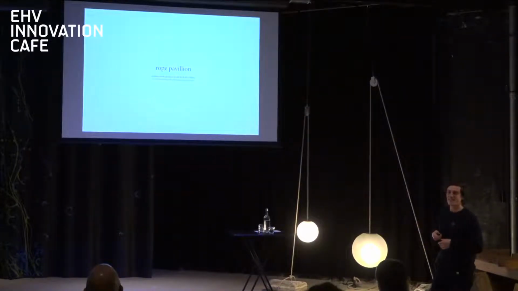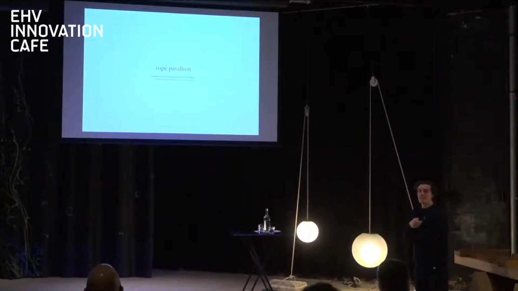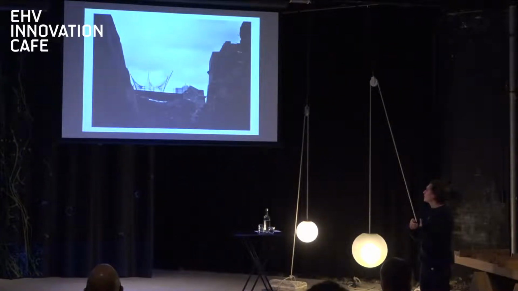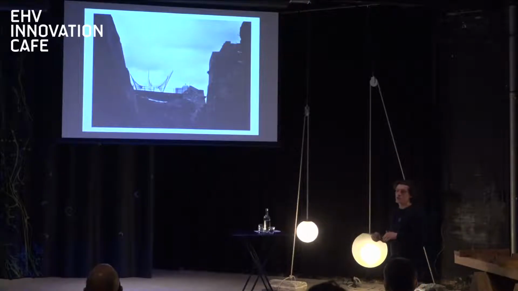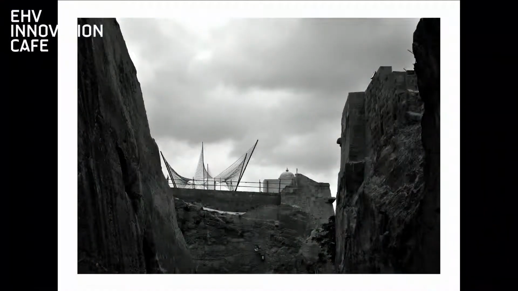So the second project is the Rope Pavilion. It's an architectural pavilion in Malta. Malta is an island between Europe and Africa, and throughout centuries it's been used as an in-between stop for boats.